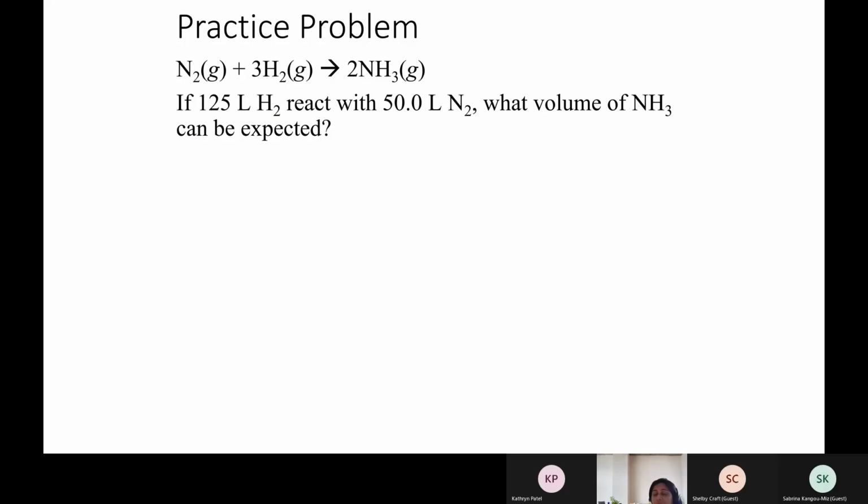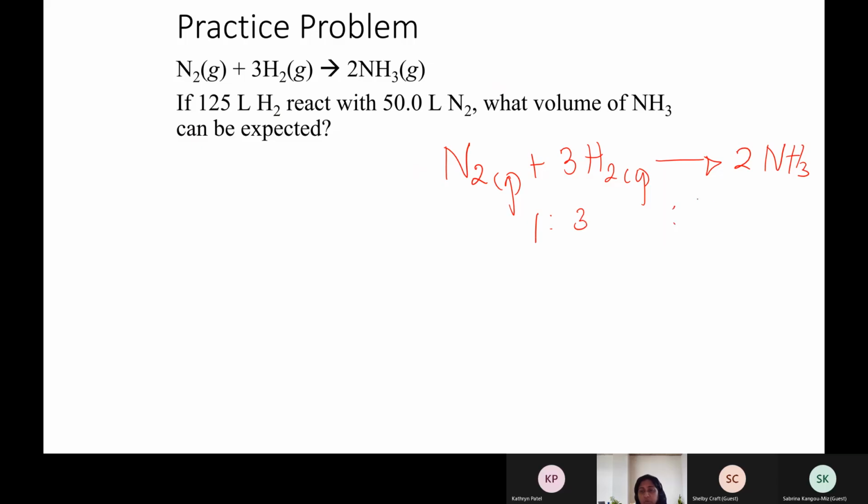You have learned in module 6 the stoichiometric ratio and the limiting reagents, right? So let's write this equation. This is based on the limiting reagent as well. 2NH3, right? So what is the stoichiometric ratio? 1 to 3 to 2, right?